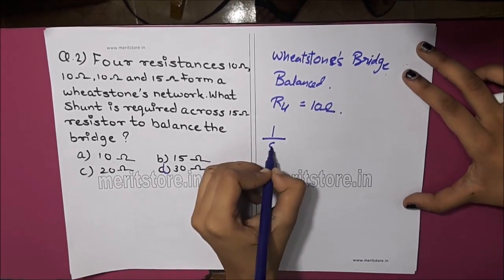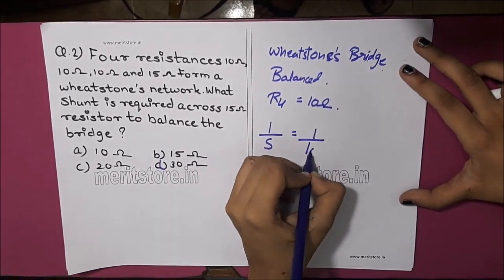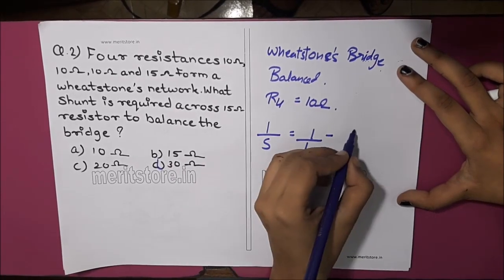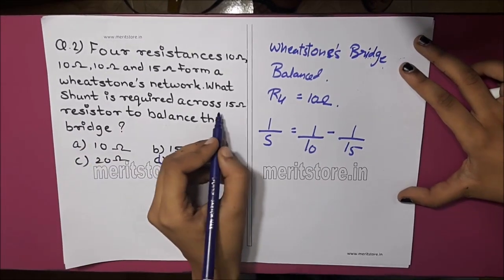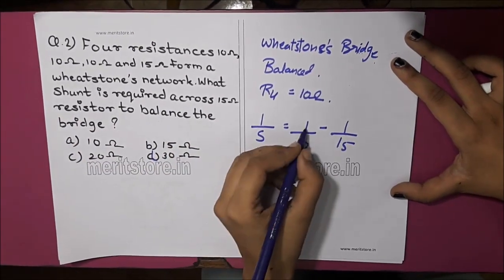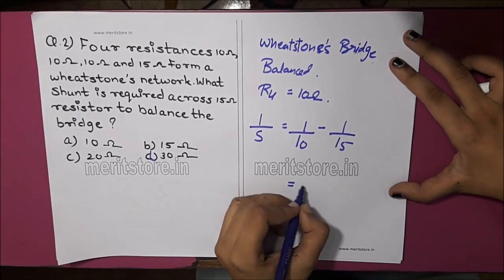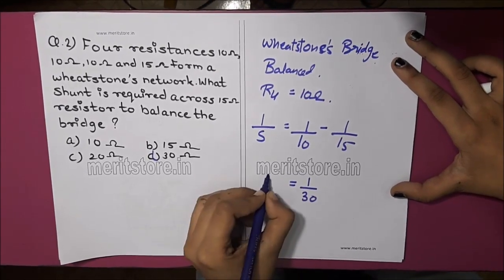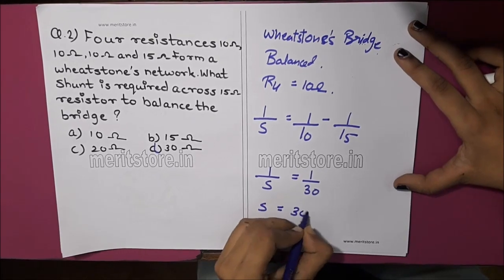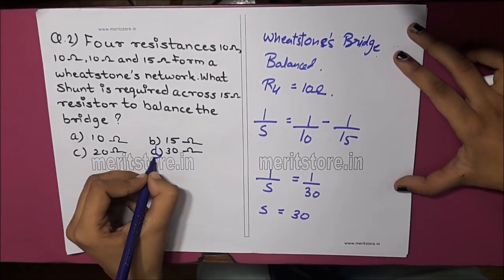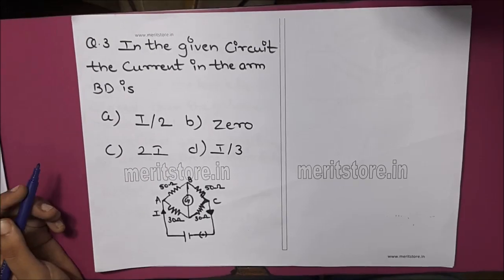So here we take shunt: 1 by S as 1 by 10, that's what it should have been, minus 1 by 15, which is what it actually is right now. When you solve 1 by 10 minus 1 by 15, you get 1 by 30. 1 by S is 1 by 30. Therefore, S is 30. Shunt is 30. Option D is the correct option.